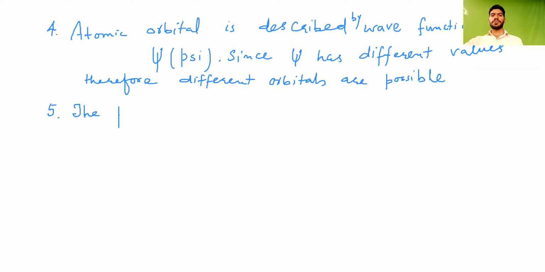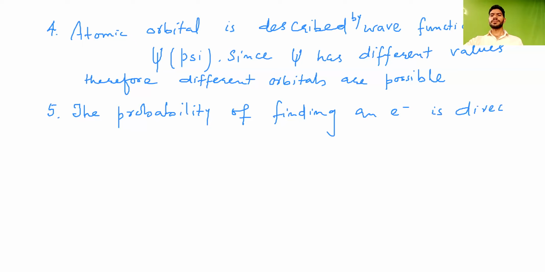The probability of finding an electron is directly proportional to the value of psi square.